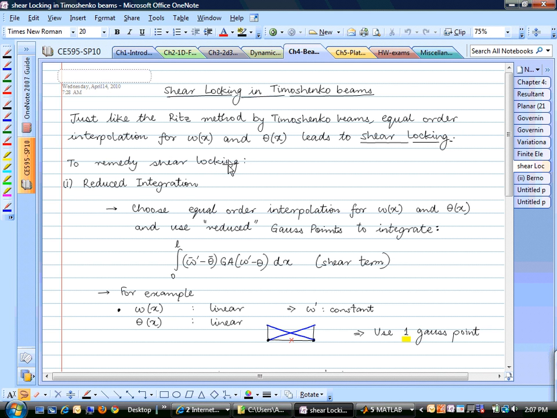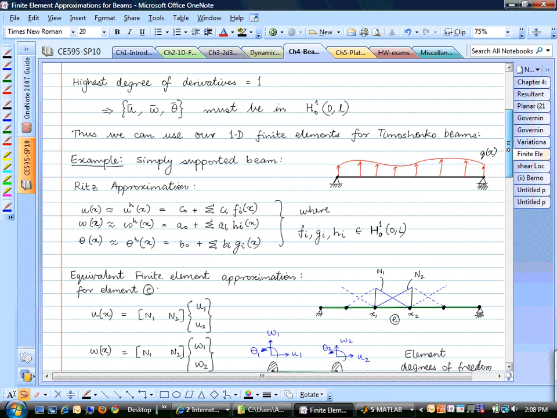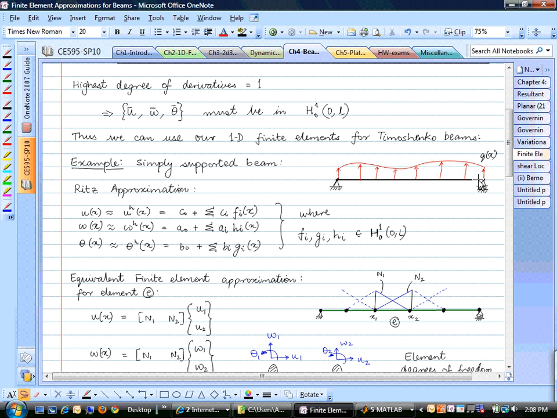So people have done some tests on this, and what does this shear locking mean? It means that if you go back to this problem of the simply supported beam, if you apply this load and if you use equal order interpolation, the amount of deflection that you will get for the beam will be very small, in fact almost close to zero. So the beam becomes extremely stiff, and those types of problems are called locking.